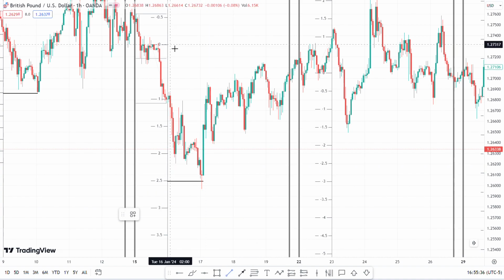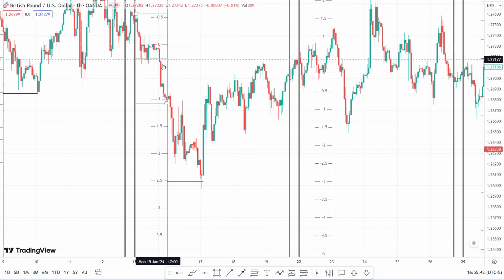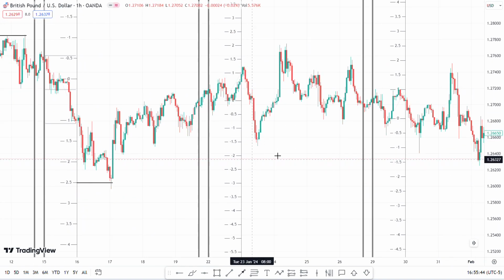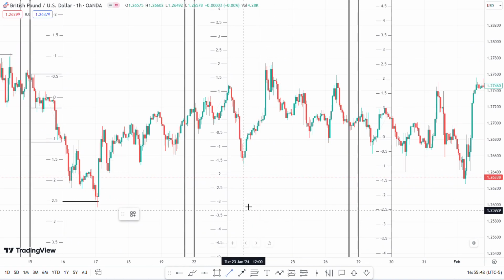High of the week, still inside Monday's range. So Monday made the high of the week. Low of the week 2.5, 1.5. High of the week 2.